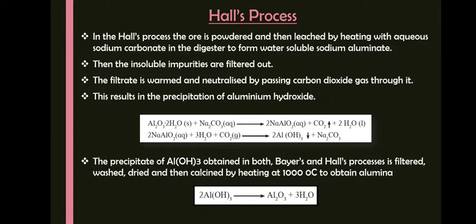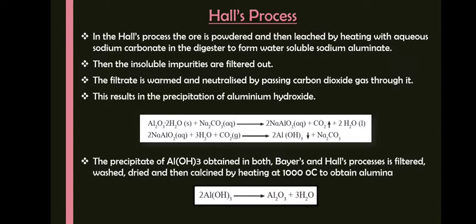Now you see here bauxite is heated with aqueous solution of sodium carbonate. Please see the first reaction. Then what is formed? Sodium aluminate is formed again here along with carbon dioxide and water. Then in the next reaction what we do is we put water and carbon dioxide here. So the filtrate is warmed and neutralized by passing carbon dioxide through it.